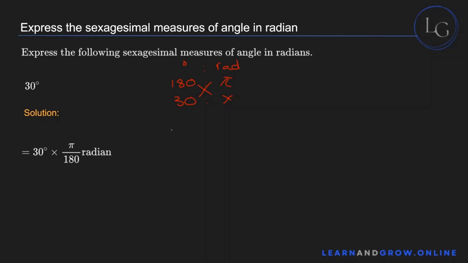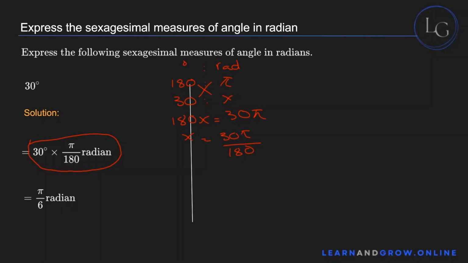So basically 180x is equal to 30 pi, and x is equal to 30 pi over 180, and that's exactly what we're doing here. So pi by 6 radians, simple.